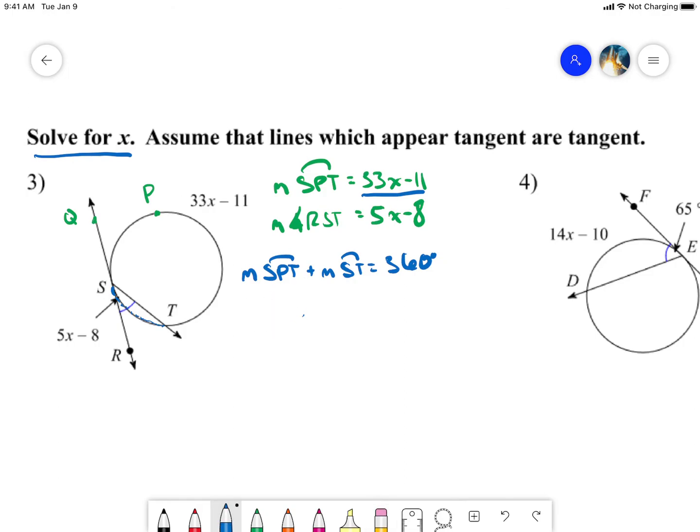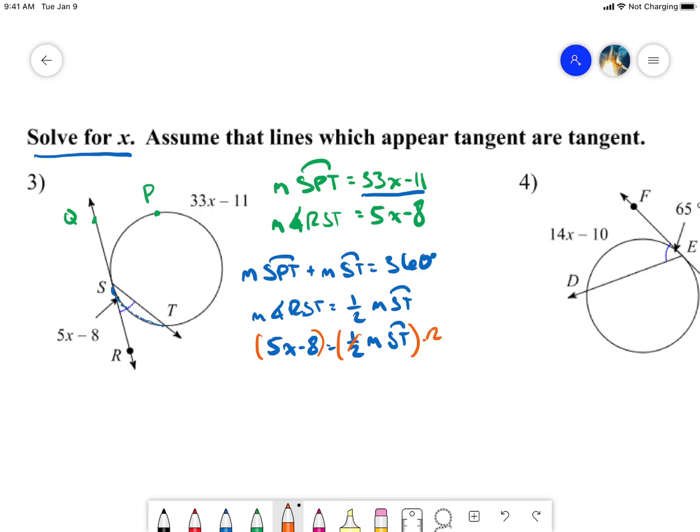Well, what I also know about angle RST is that it is exactly 1/2 of the measure of arc ST. So since I know the measure of angle RST is 5x minus 8, I know that's exactly 1/2 of arc ST. In order to find ST, I'm going to multiply both sides by 2.